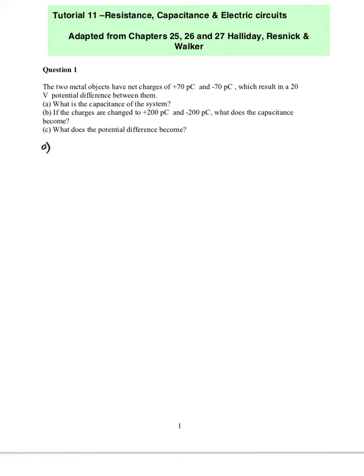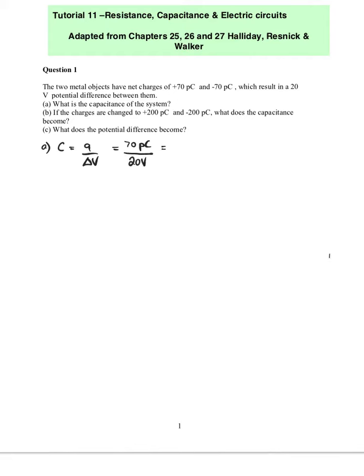Okay, so for the first question, A, we have to find the capacitance of the system. Remember that capacitance is the charge divided by the potential difference, delta V. The charge, just looking at the magnitude, is 70 picocoulombs, and the potential difference is 20 volts.